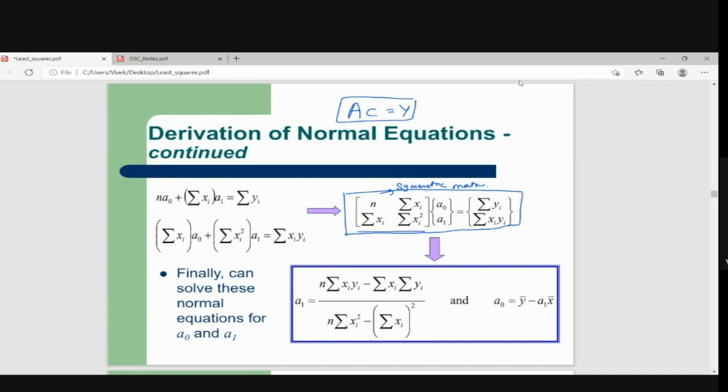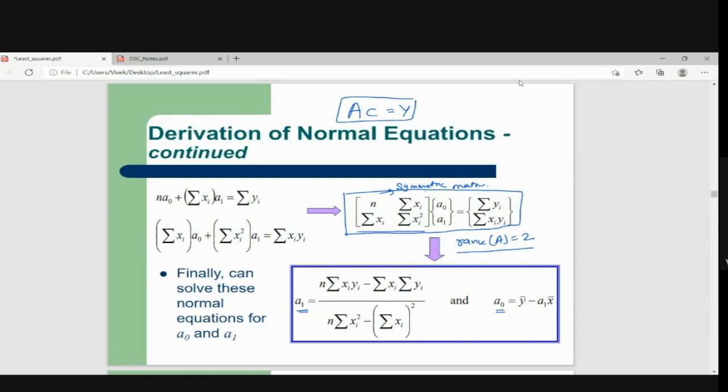And one thing also that you will see is that the rank of this matrix A in this case is 2. Okay, so this rank is 2. So this matrix is a non-singular matrix. Then I will take the inverse, and once we solve this, I will get the values of A1 and A0. So in A1, I am getting this value, and in the denominator I am getting n summation xi square minus summation xi the whole square.